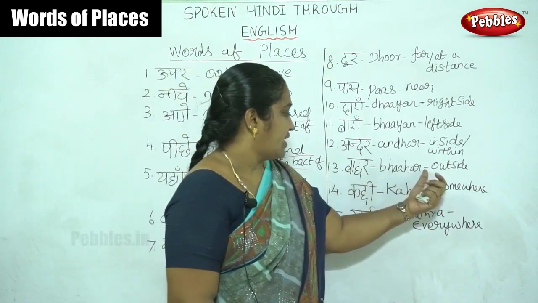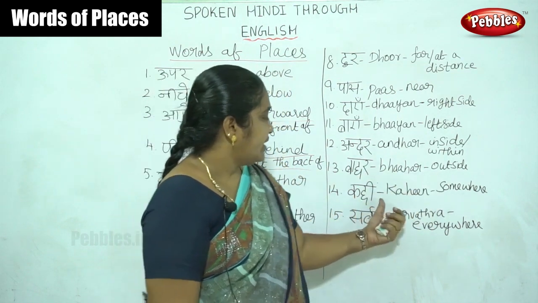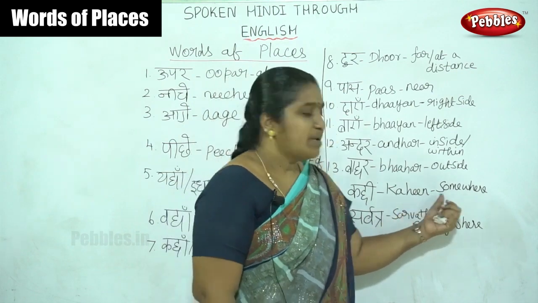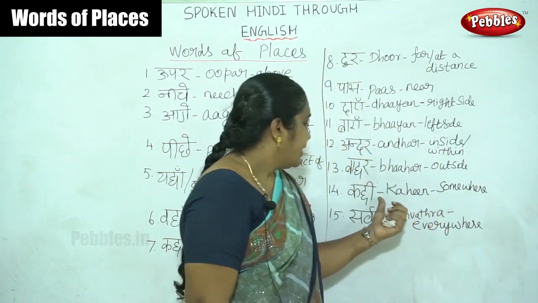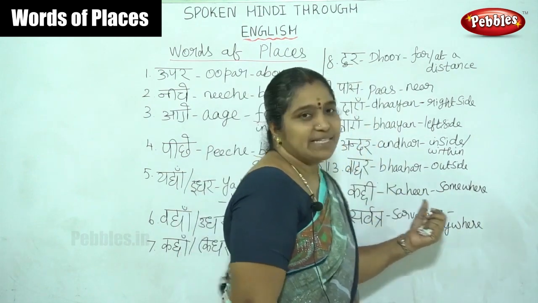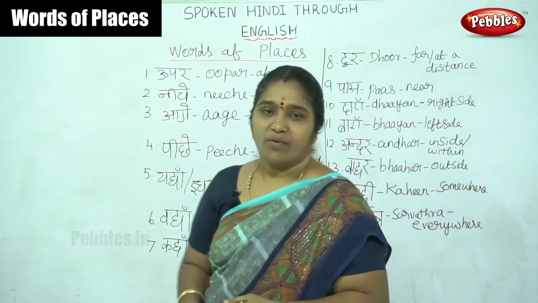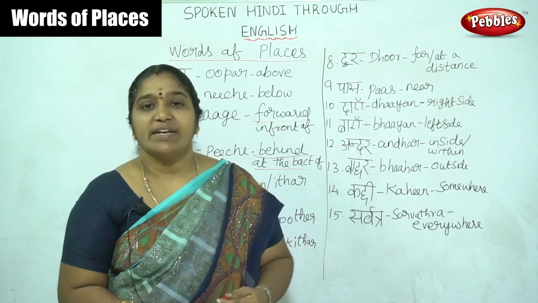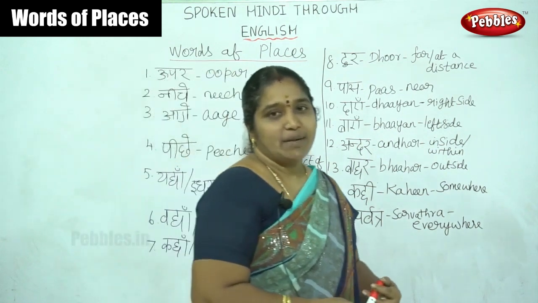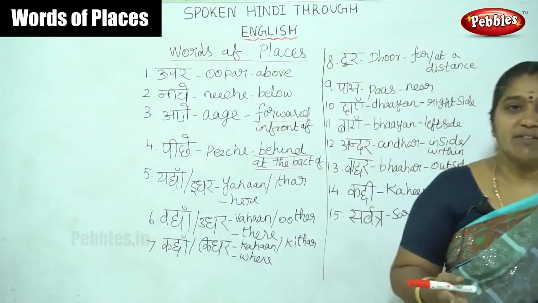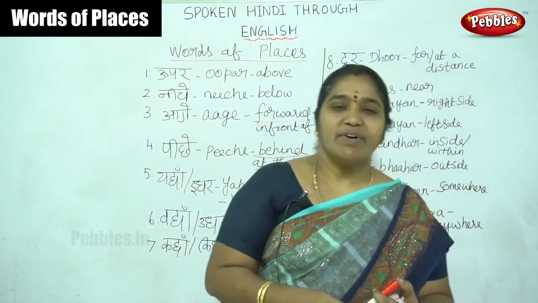Then the 14th one, कहीं. The pronunciation is kahin, the meaning is somewhere. If my saree is so beautiful, my friends ask me where did you buy that saree, but I don't know the place where I bought it.